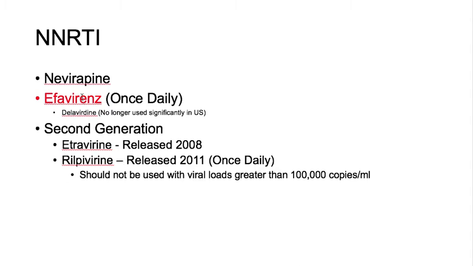Efavirenz is the one that will most likely appear on the step 1 examination. Clinically, I'll ask you to just look these up again when you have them in the clinic. But for the exam and for step 1, almost all of the questions would deal with efavirenz.